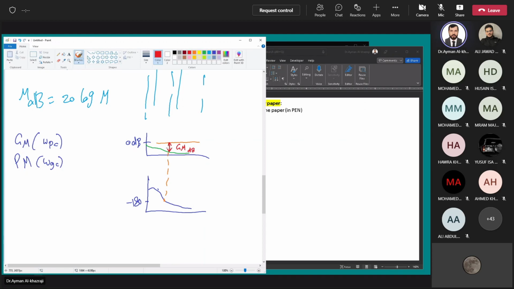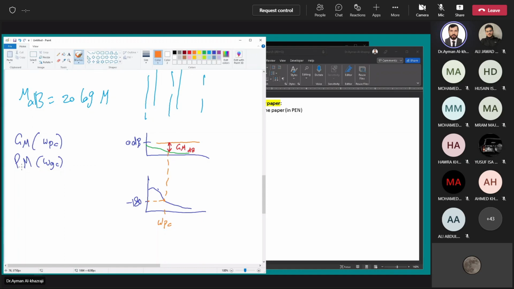It is the extra gain that I can add to the system before it becomes unstable. This is the gain margin. And I found it at this point, which I will call the phase crossover frequency. Okay, good.